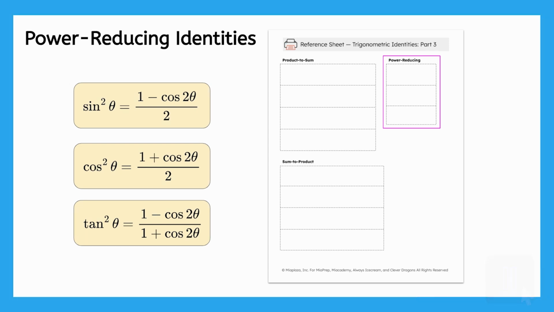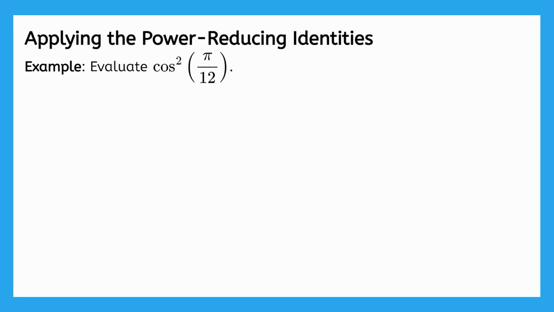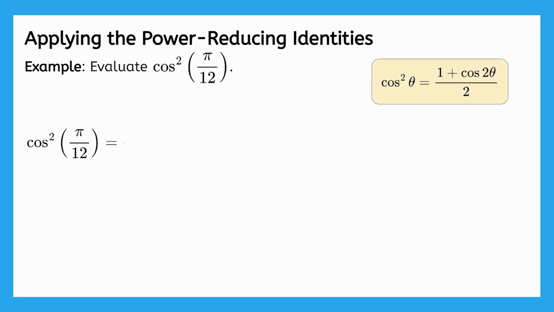Now let's use these identities to evaluate and simplify trigonometric expressions. In this first example, we want to evaluate cosine squared of pi over 12. Since this is in the form cosine squared theta, we could use the power-reducing identity to evaluate.